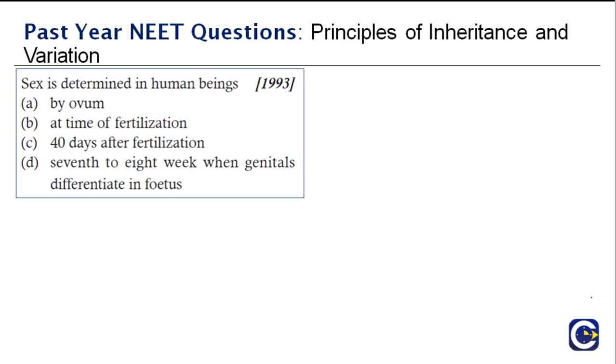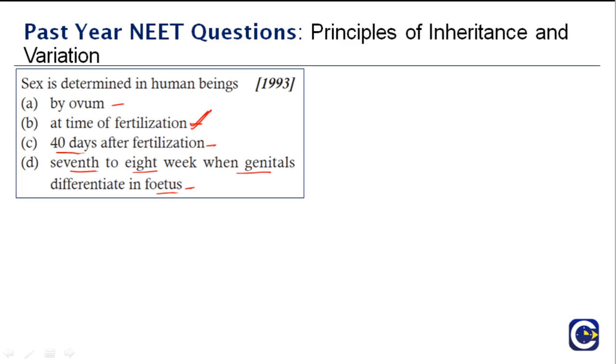Sex is determined in human beings by ovum, at time of fertilization, 40 days after fertilization, or 7th to 8th week when genitals differentiate in fetus. So it's a very easy question. So what determines the sex in human beings? Sex is determined in human beings at time of fertilization, when the sperm fuses with the egg.